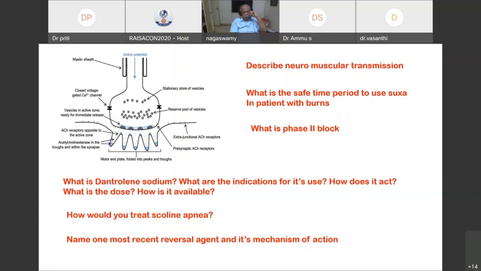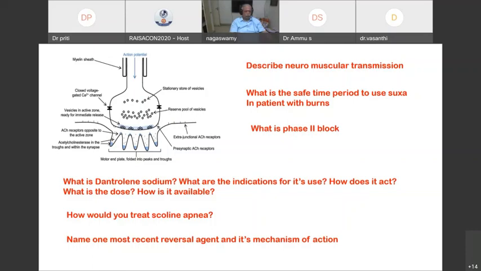So you have to support the ventilation until the serum level falls and the drug gets dislodged from there, or you can transfuse fresh frozen plasma which may contain normal plasma cholinesterase, which may go and metabolize or hydrolyze this drug.